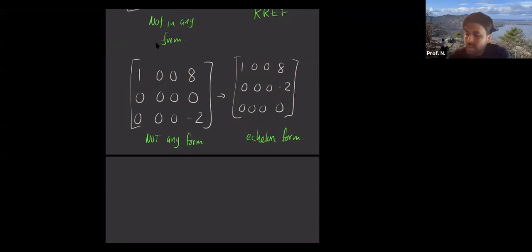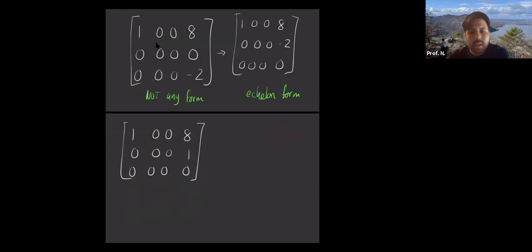And then let me do one more thing. Let me make that -2 a 1. So I divide by -2, and then this is what I get. What is this? This is not RREF.